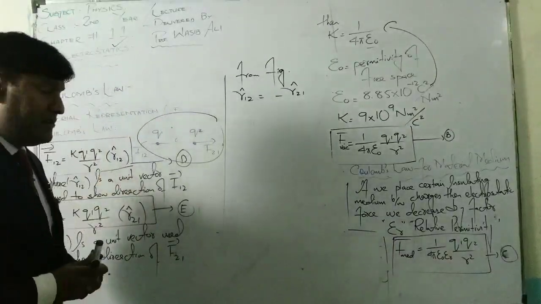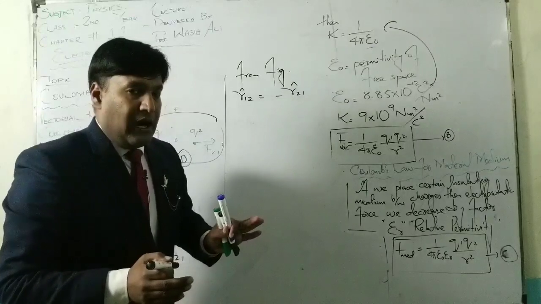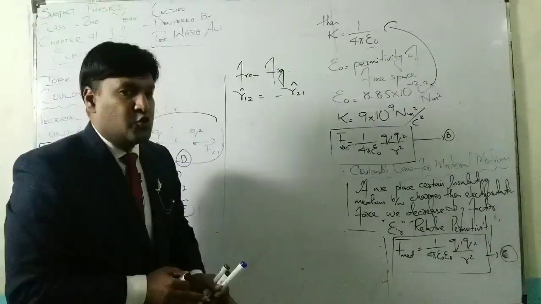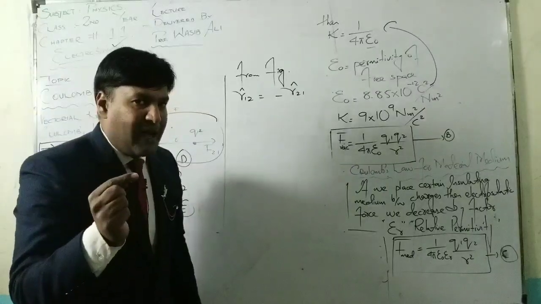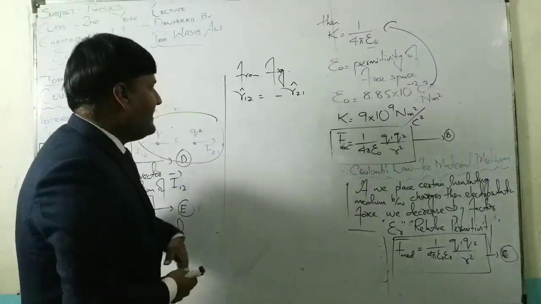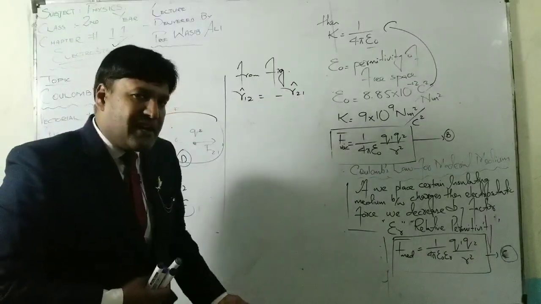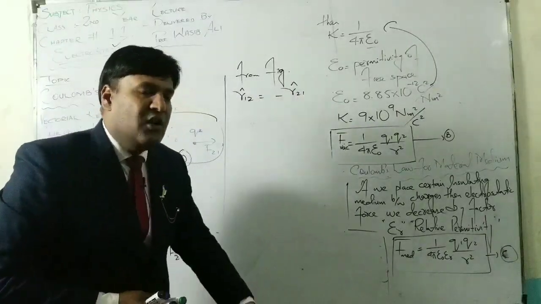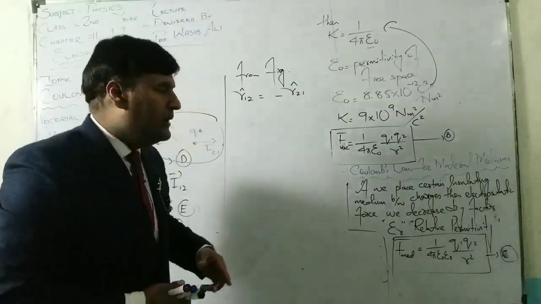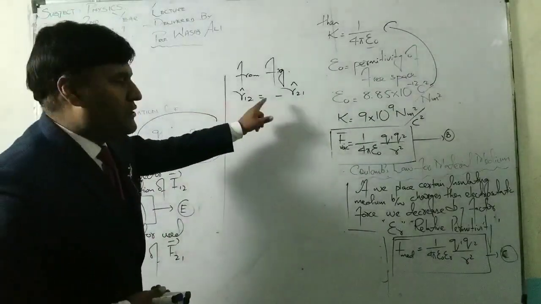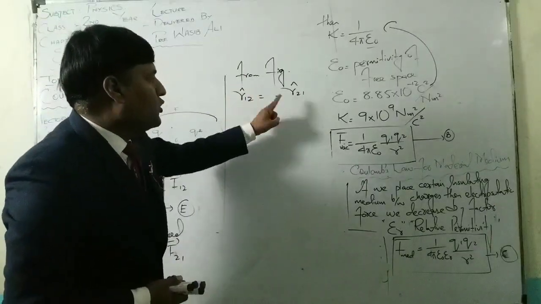As I already mentioned, R12 cap and R21 cap are unit vectors used to indicate direction. We know that a unit vector is a vector whose magnitude is 1. So whether it is R12 or R21, both have the same magnitude, because all unit vectors have unit magnitude. That's why I have put a sign of equality between these two unit vectors.